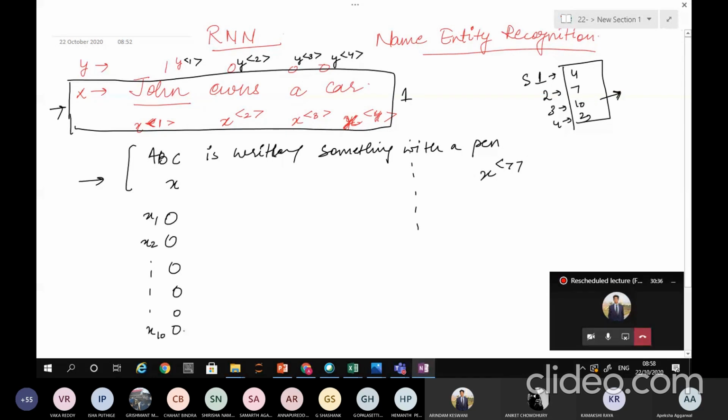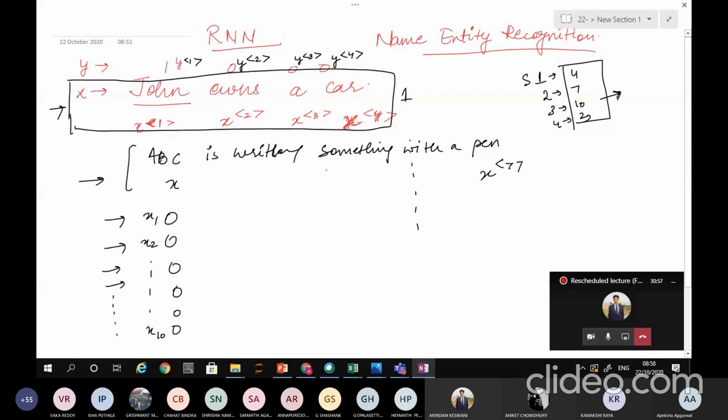What would we do in a simple neural network? We just give all the words as input, and for the first sentence we give the first 4 words, and for the remaining 6 we would give 0. That is how we do it in a simple neural network.